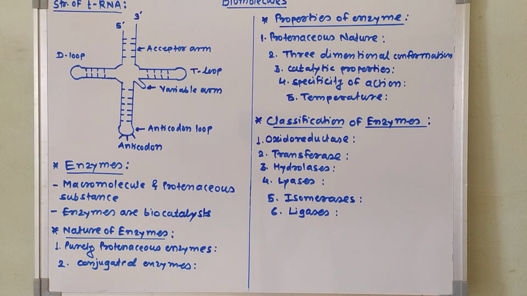Purely proteinaceous enzymes means the enzymes that can be split into protein, while conjugated enzymes are those in which a non-protein part, also called the prosthetic group, is attached. That enzyme is called a conjugated enzyme. Now, next we studied the properties of enzymes.